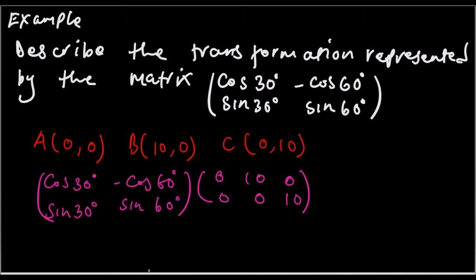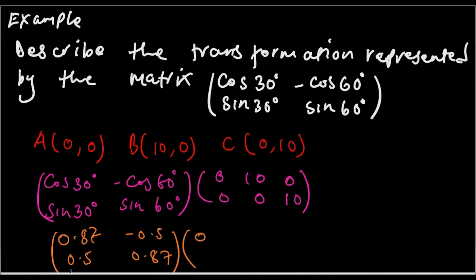Using your calculator or your mathematical tables, cosine of 30 is 0.87 to 2 decimal places, this is minus 0.5, this is 0.5, and this is 0.87 to 2 decimal places.